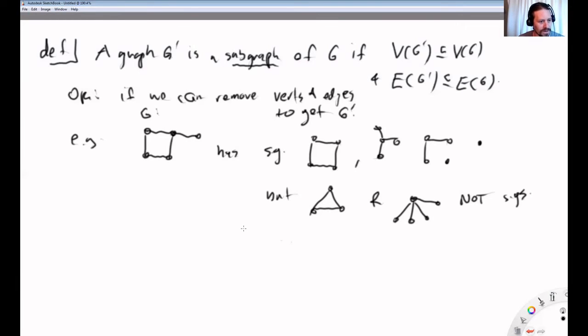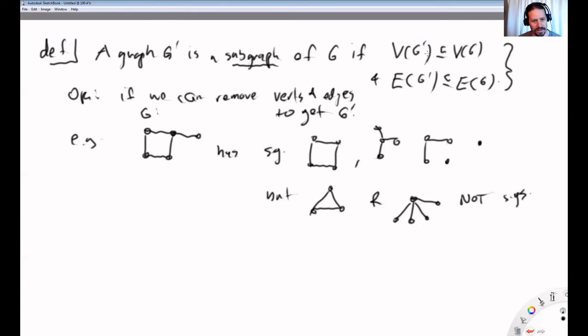Oh, maybe one more thing to emphasize too. By this definition, the graph G is considered its own subgraph. Just like in algebra and all the other topics, you're a substructure of yourself. Moreover, the empty graph, the graph with no vertices and no edges, which we almost never will talk about, is a subgraph.